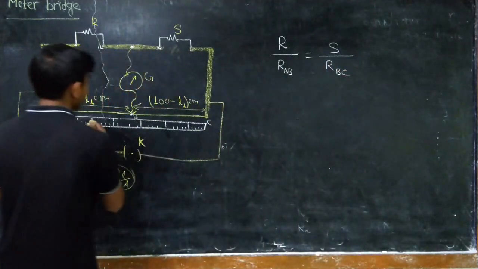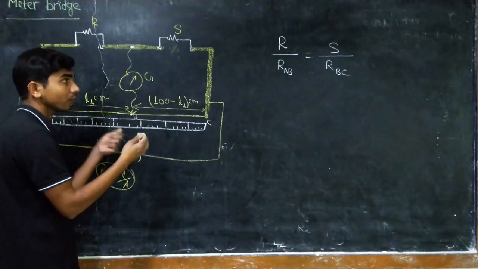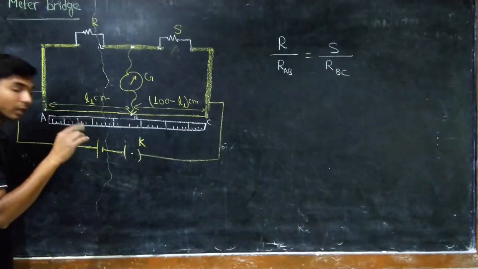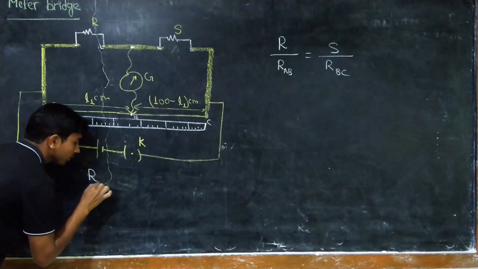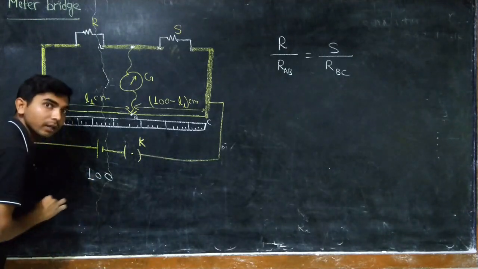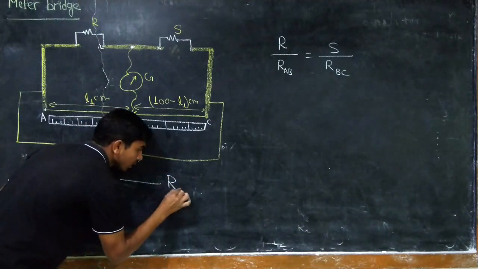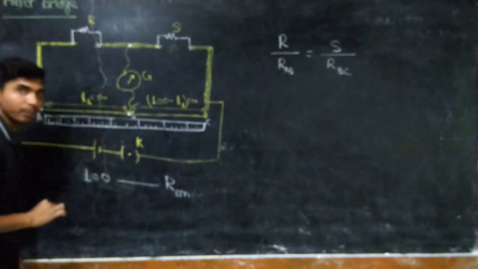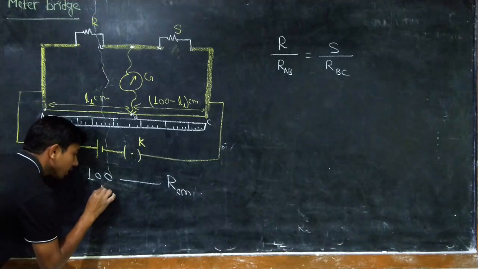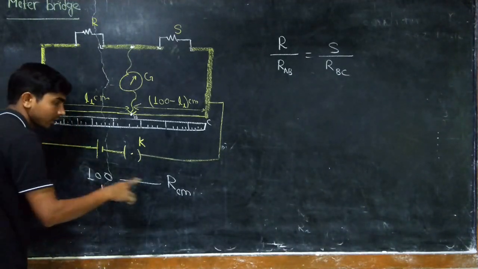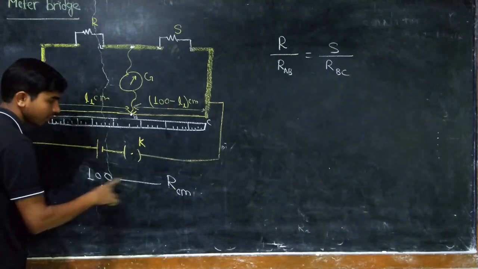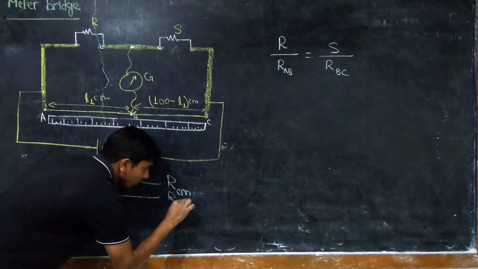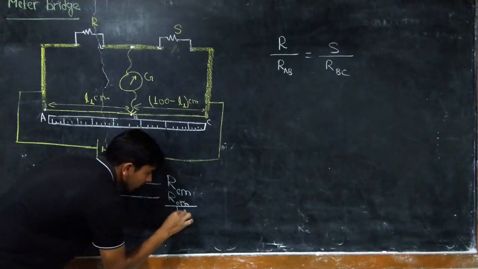Now suppose the total wire has a length of 100 cm, and this 100 cm wire has resistance R_cm, since R is already in use. So the unit length has resistance R_cm by 100.